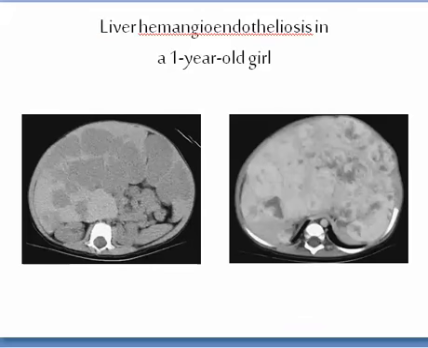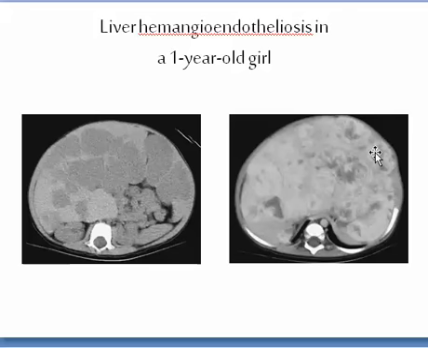Liver hemangioendotheliosis in 1-year-old girl. This is the first slide showing malignant liver in infancy, 1-year-old girl, and this diffuse involvement is caused by liver hemangioendotheliosis.